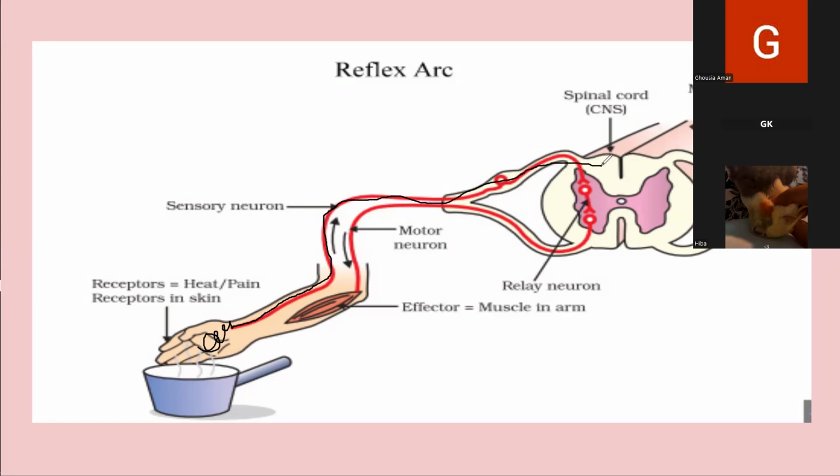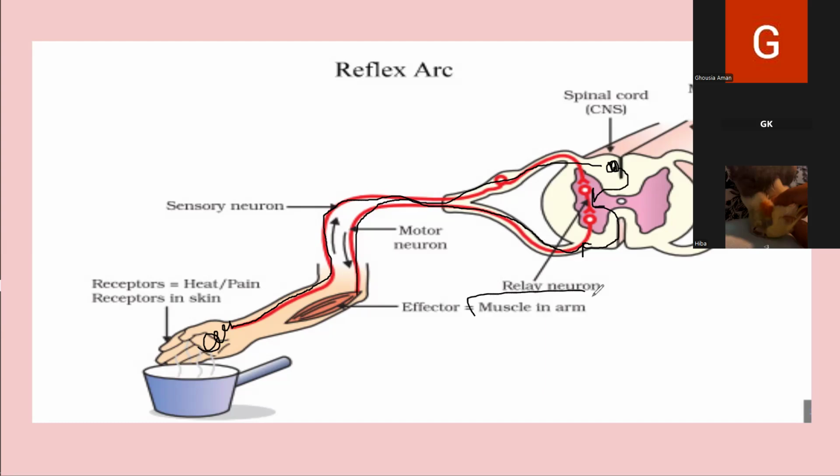This is the brain and the spinal cord part where the information is processed, and the response will come to the relay neuron. And the relay neuron will drop the response in the form of the free mobile ions to the motor neurons, motor nerves. What is a motor nerve made up of? Motor nerve is made up of a bunch of motor neurons. Now the response is coming to your effectors. What are effectors?